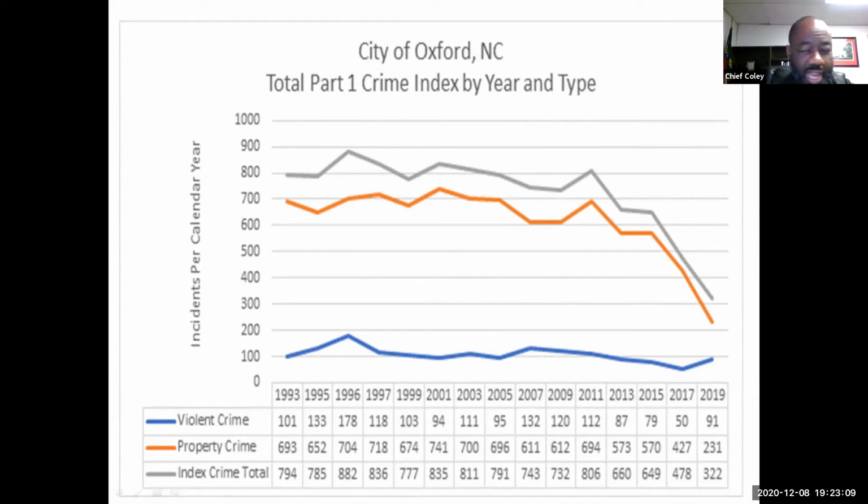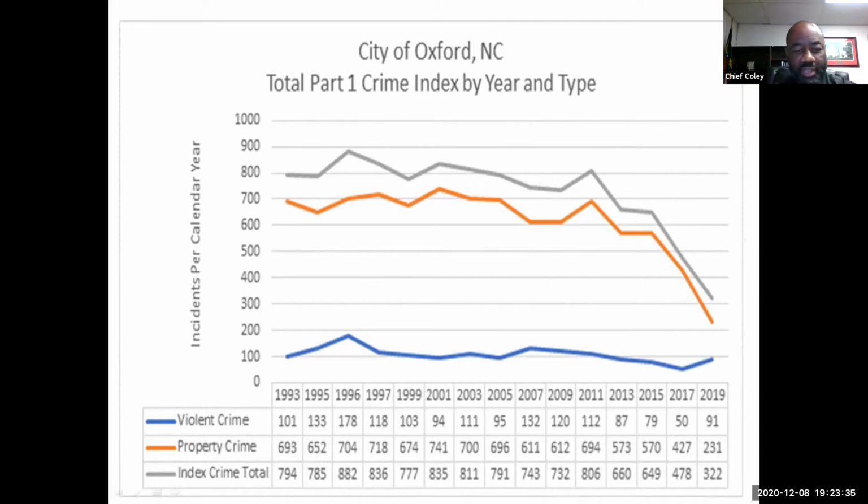But we want to maximize what we can as far as our officers, engaging with the community, and building the support. It goes from employment to education to homeowners and homeowners associations. It just takes everybody working together to keep this trend going.